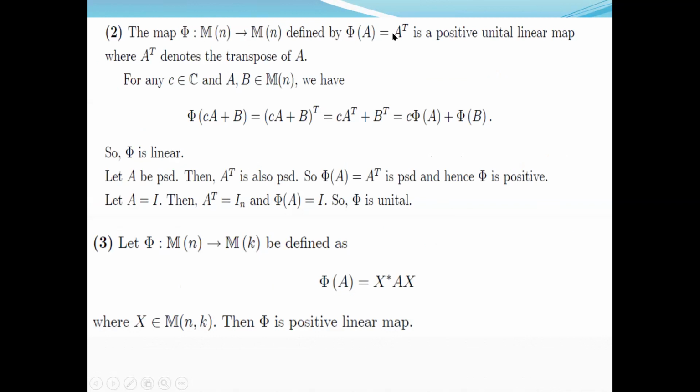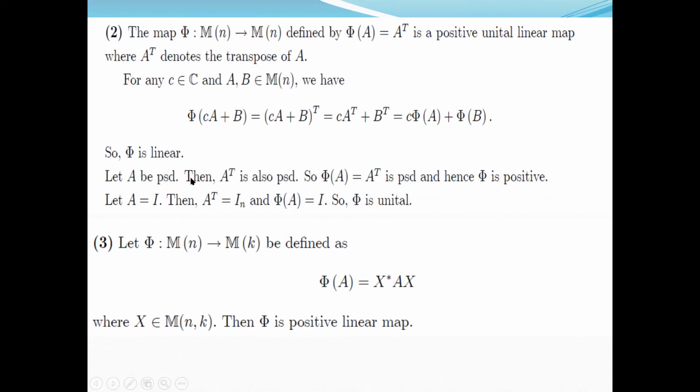The map defined by phi(A) = A transpose is a positive unital linear map, where A transpose denotes the transpose of A. Now phi(cA + B) = (cA + B) transpose, which equals cA transpose + B transpose. This is c phi(A) + phi(B). So phi is linear.